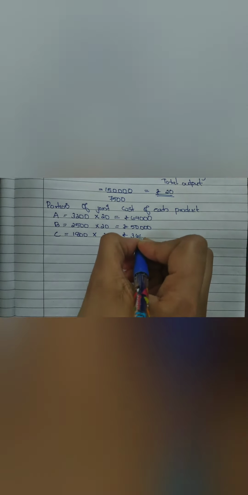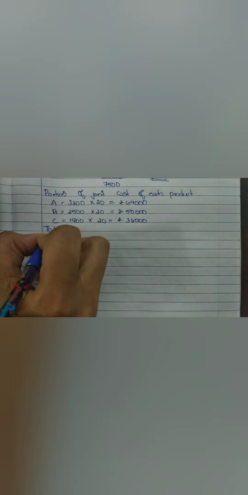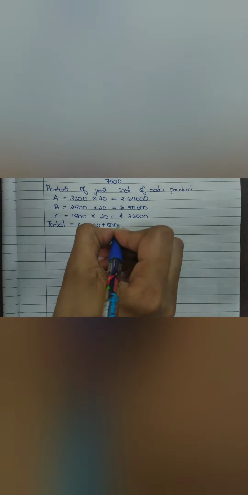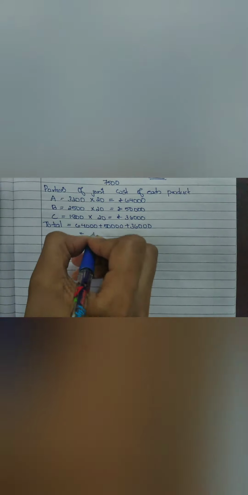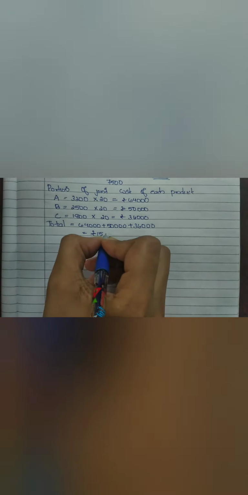So now we'll get the total as 64,000 plus 50,000 plus 36,000, which totally equals 1,50,000. So this is all about the second question.